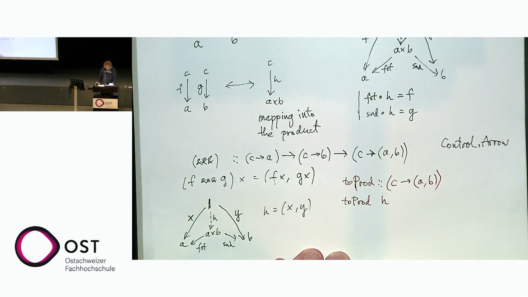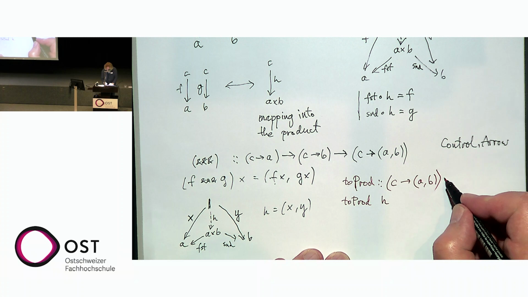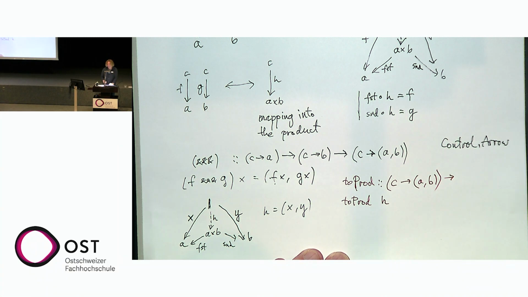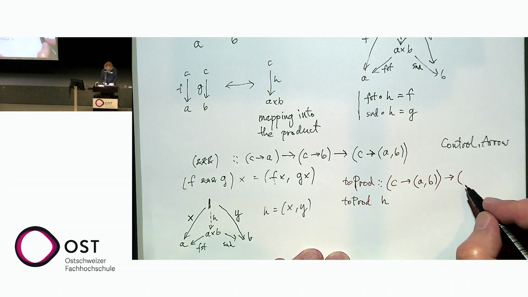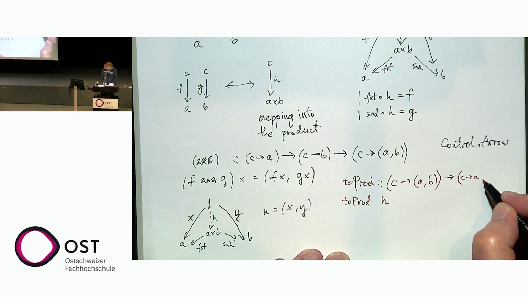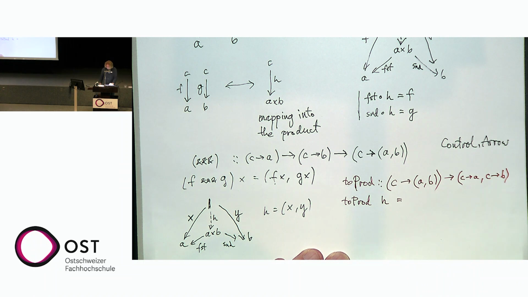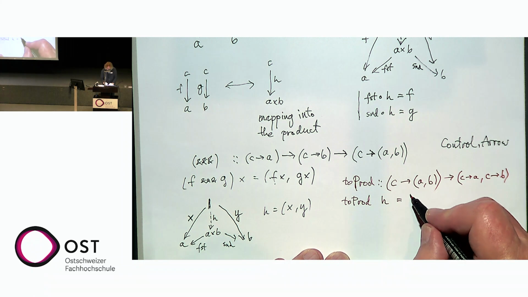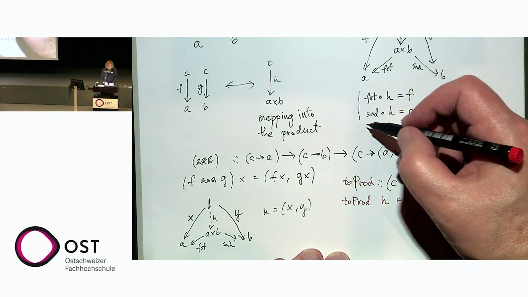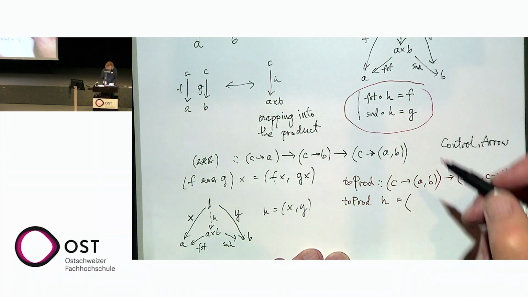And it produces what? Well, let's say a pair of functions, right? So a pair. The first function goes from C to A. The second goes from C to B. So you just read this, right?